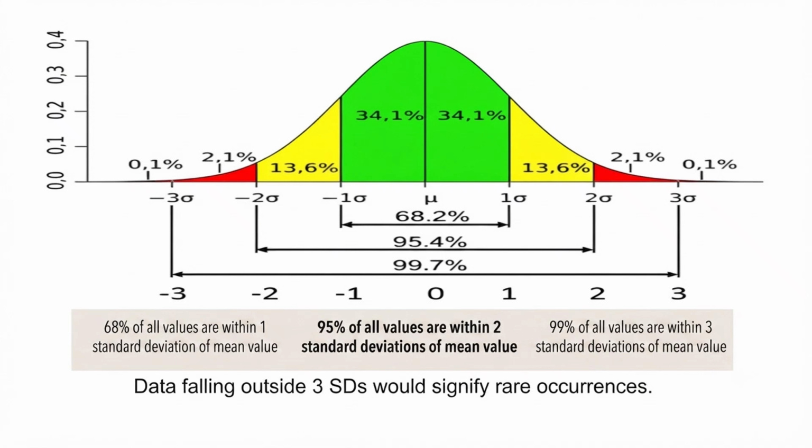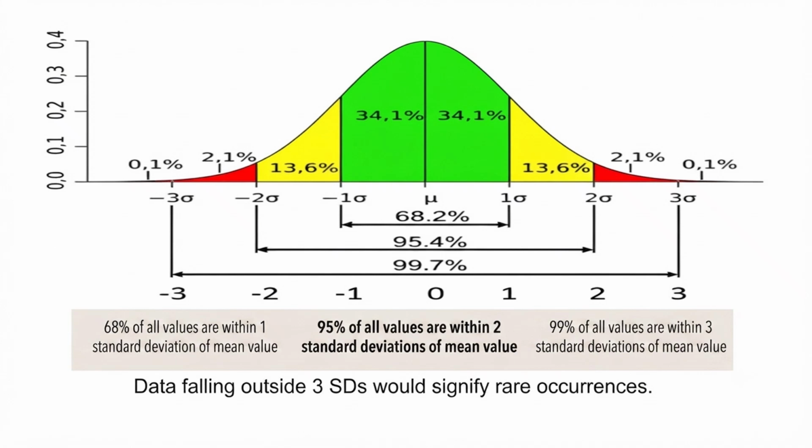So 0.3% is very less. That's why data falling outside 3 standard deviation will signify rare occurrences. Rare occurrence means, as we discussed, it is less than 0.3%. So in the taken population, only 0.3% of values will be either on the right side of more than 3 standard deviation or the left side of minus 3 standard deviation.